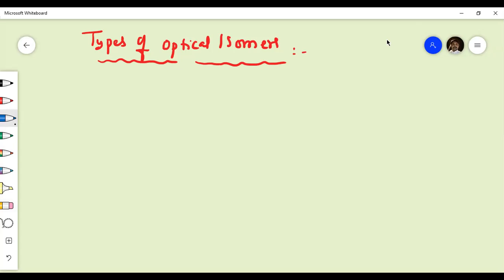I want to tell one thing about the types of optical isomers. What is the meaning of optical isomer?